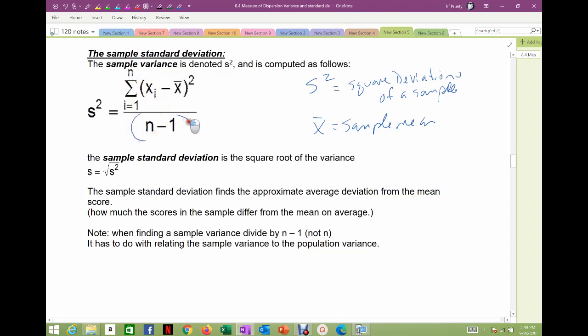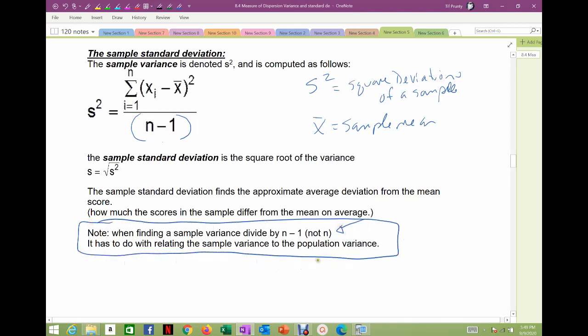But the difference is, if you'll notice, what I'm dividing by. So it's not a pure average. Instead of dividing by the total, what they do instead is divide by 1 less than the total. So if I had a sample of 10 deviations, I would only divide by 9. And what that does is account for error. If I'm not sampling everybody, the average isn't perfect because it's not everybody.